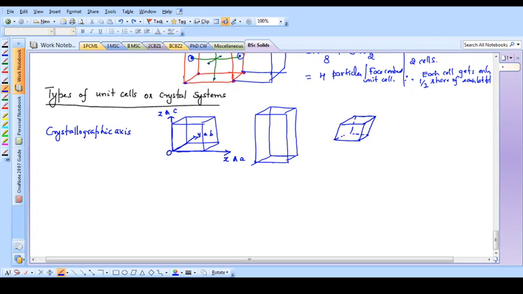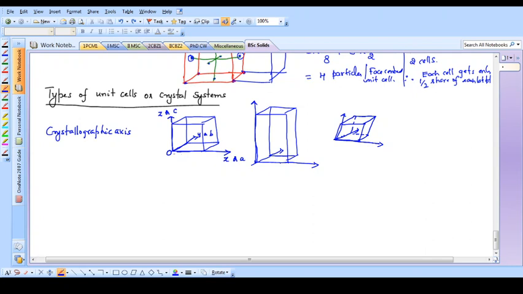So here also you can have 3 crystallographic axes. Here also you can have 3 directions like this. Now you can measure the length of the unit cell about these 3 directions.